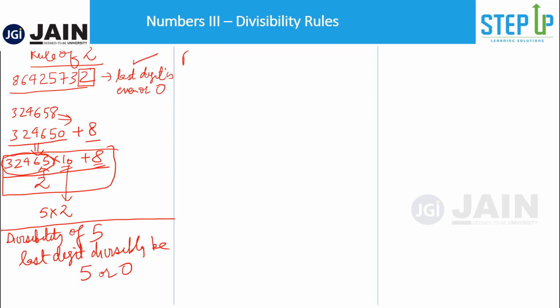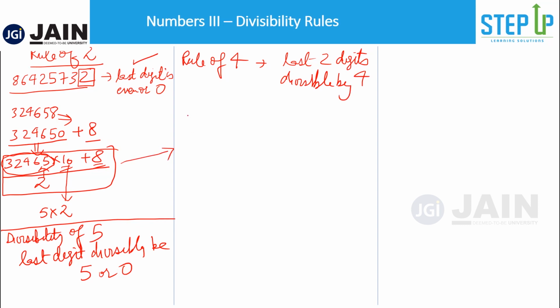Let's now discuss for a second the rule of 4 before we go to the rule of 3. The rule of 4 says the last 2 digits should be divisible by 4. And I'm sure you can now do the same logic here. If a number is of the form ABCD, I can write it as AB00 plus CD, or AB into 100 plus CD.